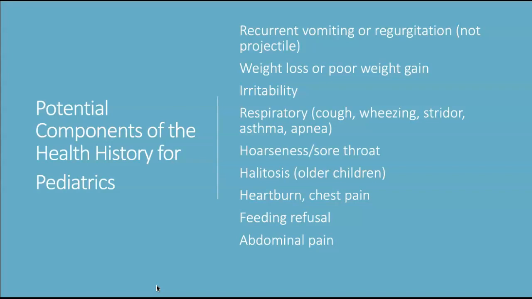They may have respiratory problems, cough, wheezing, because they may inhale some of that acid, and it may lead to asthma. There may be a hoarse or sore throat because if that acid gets back up into the throat, it may cause hoarseness or pain. It may cause bad breath in some of the older children, heartburn, chest pain. They may not want to eat because it's painful, and it may cause some abdominal pain as well.